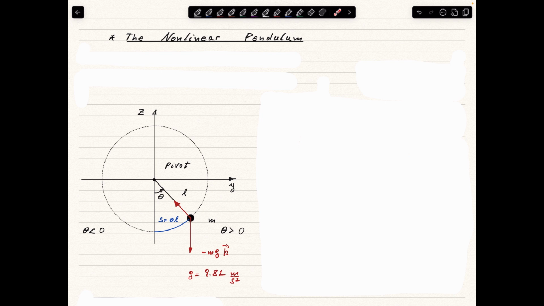So the pendulum is going to move back and forth on the circle, and the main variable to describe that movement is the angle with respect, in this case, to the vertical line. We have to introduce some conventions for the angle. When the pendulum is on this side of the vertical line, the angle theta is going to be positive, and when we are on this side, it's going to be negative.